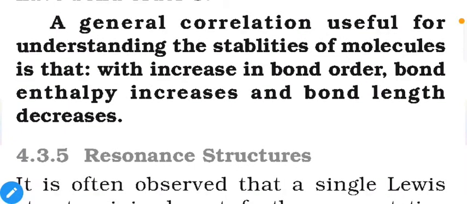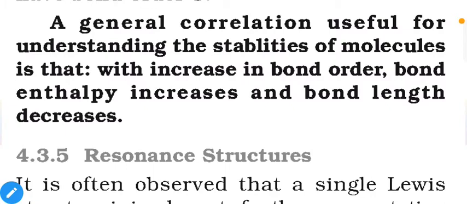A general correlation useful for understanding the stabilities of molecules is that with increasing bond order, bond enthalpy increases and bond length decreases. Now what is the relationship of stability with the given terms: bond order, bond enthalpy, and bond length?